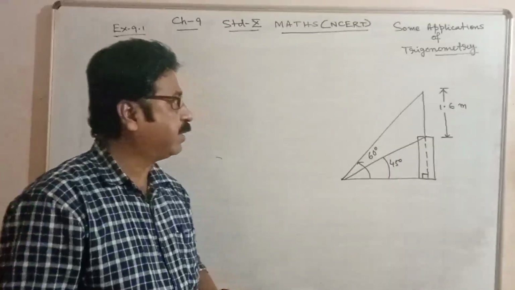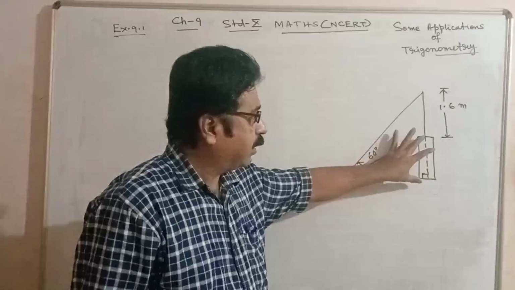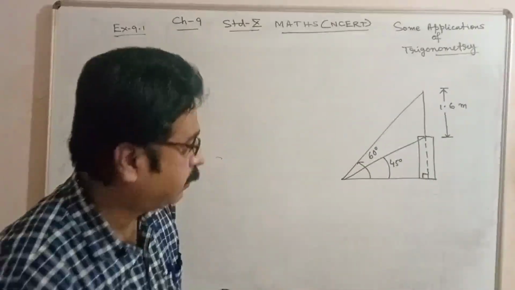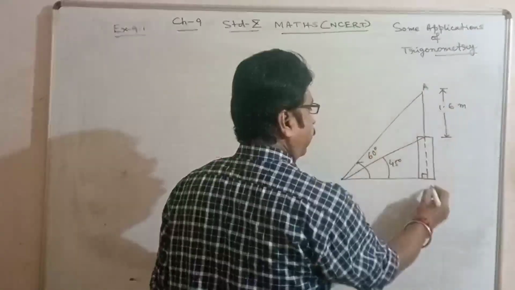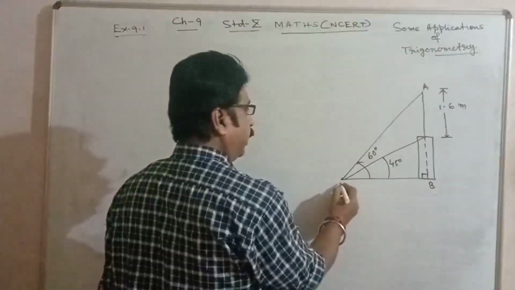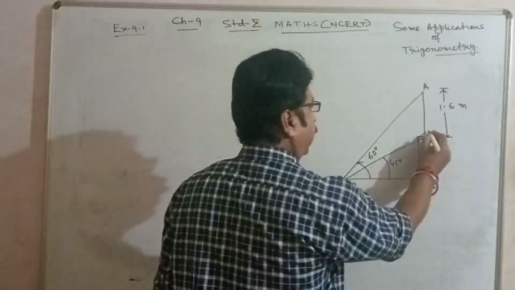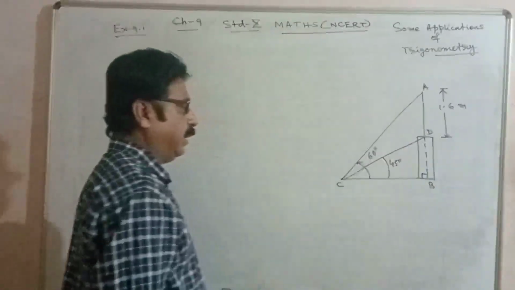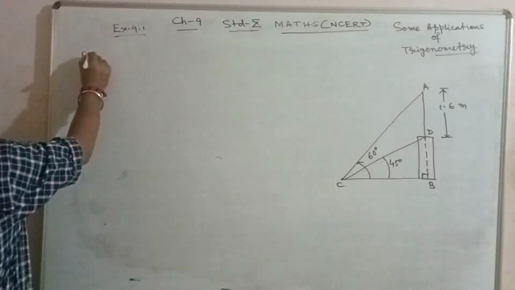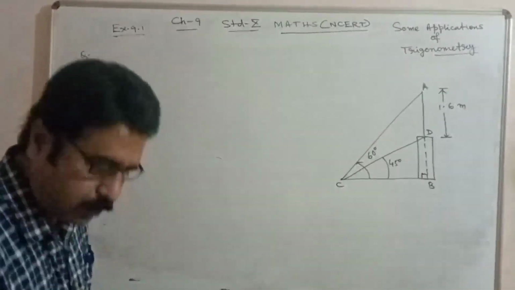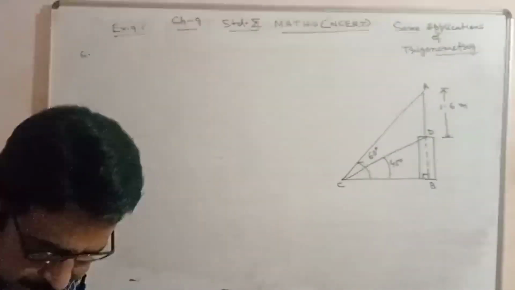Find the height of the pedestal. We have to find this height. Suppose it is A, B, C and D. Question number 8.